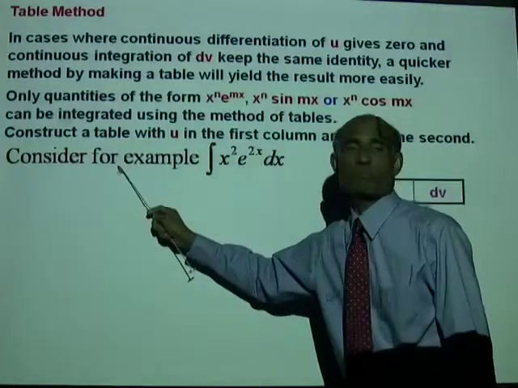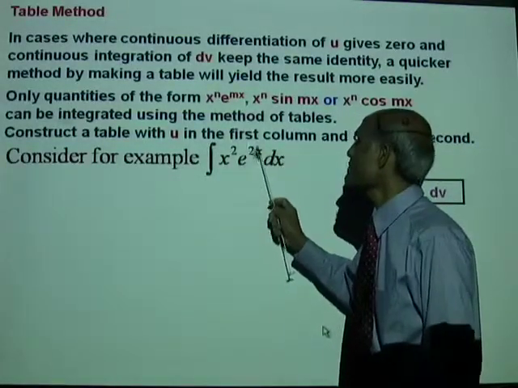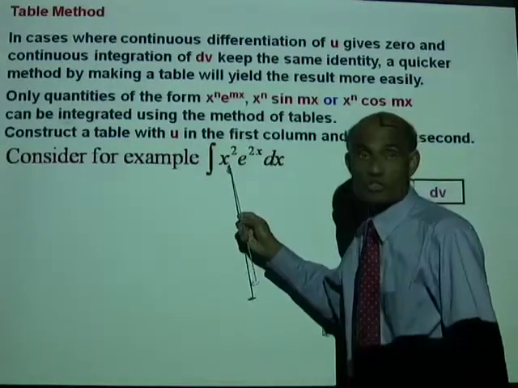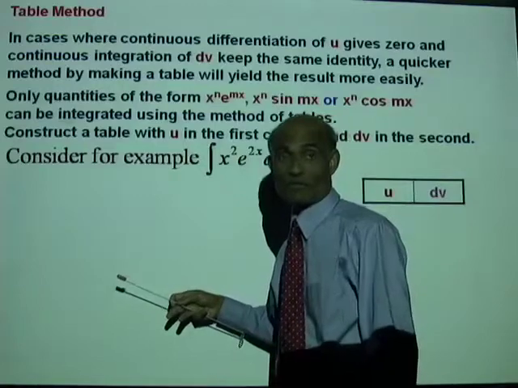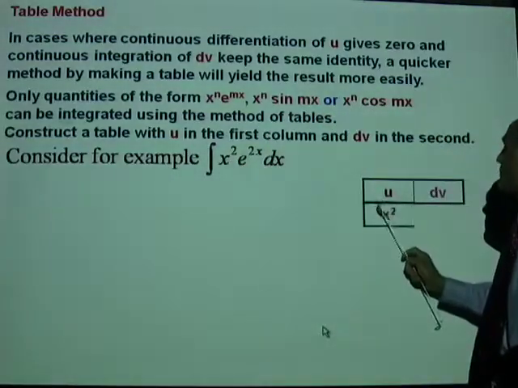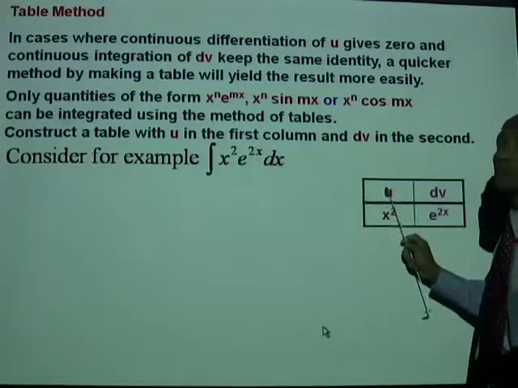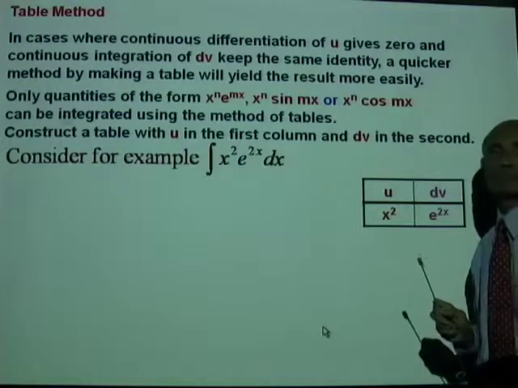Let's take this example. Consider the example integral x squared e to the power of 2x dx. This is the one we just did, and we obtained the result for that. Alright, so in here we write u below u and write dv below dv.